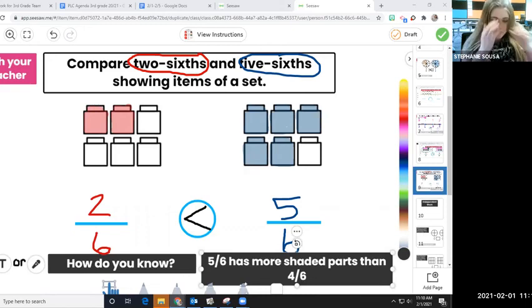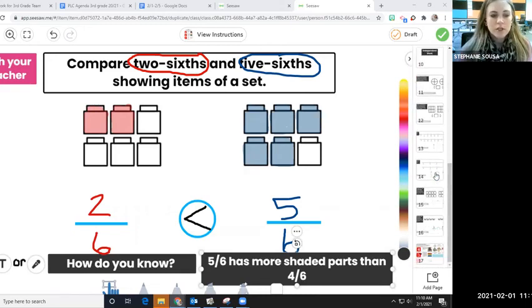Okay. All right. Today, you are going to independently complete 2 of each of these. 2 shapes that you're comparing, 2 number lines that you're comparing, and 2 sets that you are comparing. Okay? You will do exactly as we did.